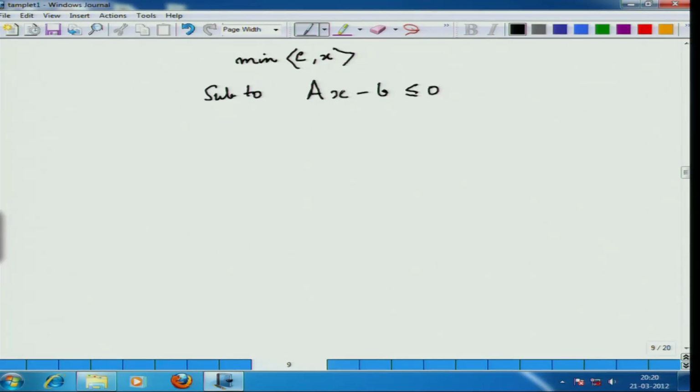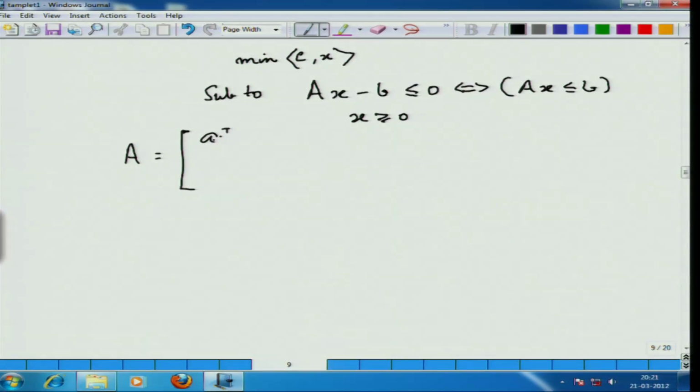When I am writing less than or equal to 0, I mean that every component of this vector is less than or equal to 0, and then I can similarly write it like this, or you can equivalently write this as. So, what is this matrix A? This matrix A is a matrix whose rows are the vectors A1 transpose dot dot dot Am transpose. This is actually the matrix A.